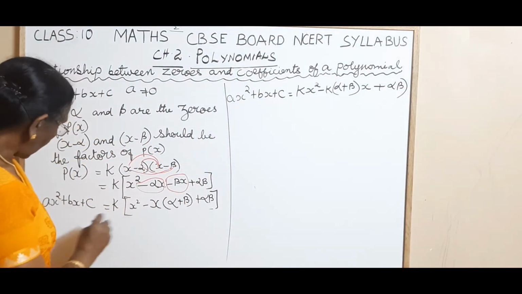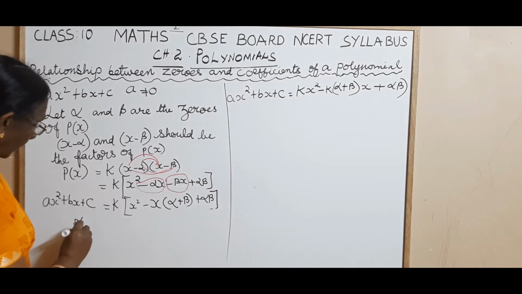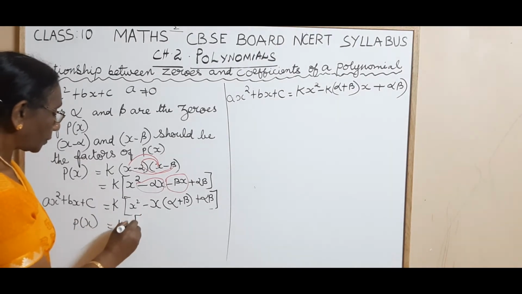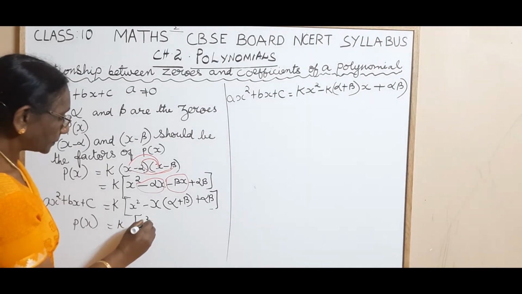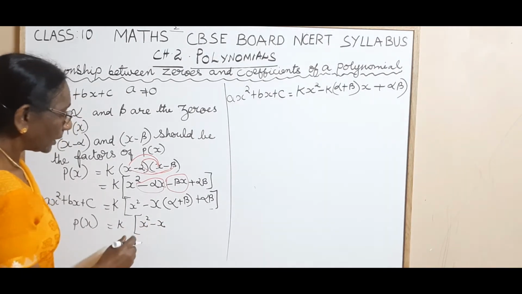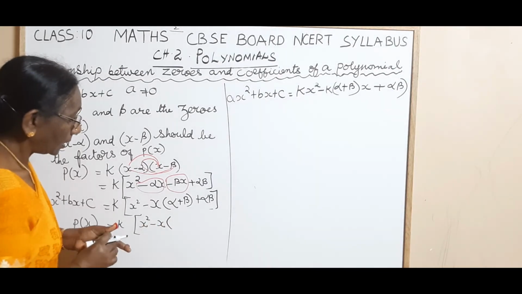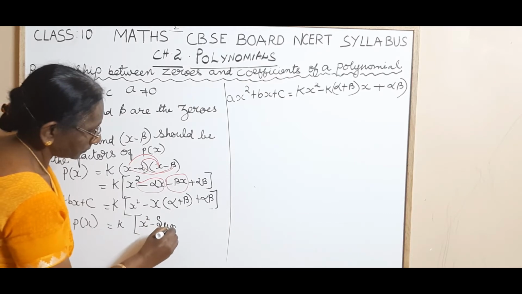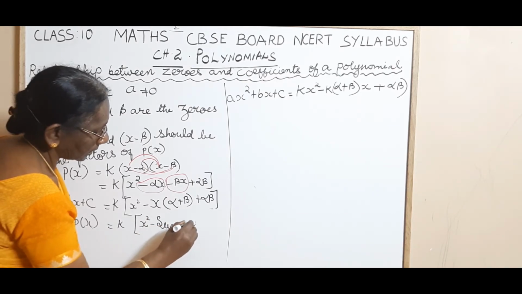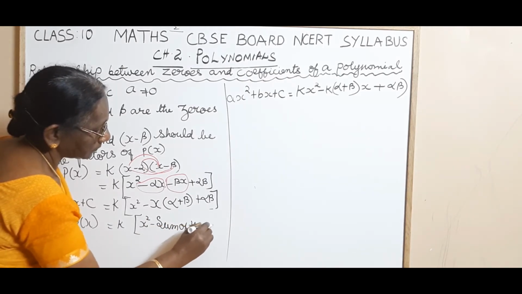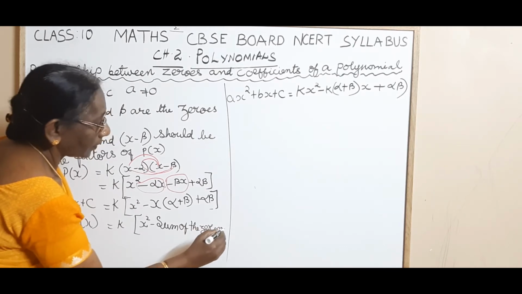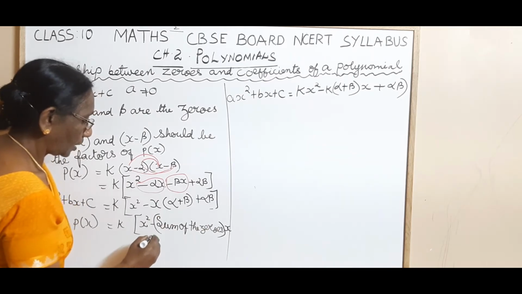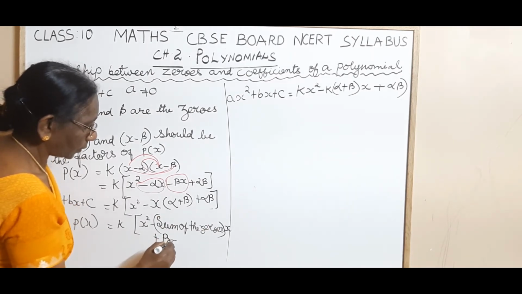Children, here what do you have? This P of x, ax squared plus bx plus c is equal to, I'll just write k into x squared minus sum of the zeros into x plus product of the zeros.